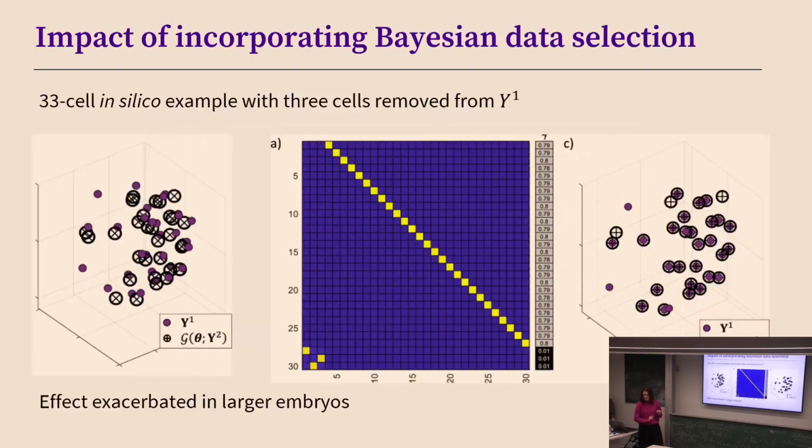So let's move on. Another in silico example here, but to show you what effect the data selection is actually having. So we took a 33-cell embryo and we removed 3 cells at random from that data in order to generate Y2 with a random transformation. When we didn't include data selection, so we're not including those fidelity parameters, all matches have the same weighting within the likelihood.